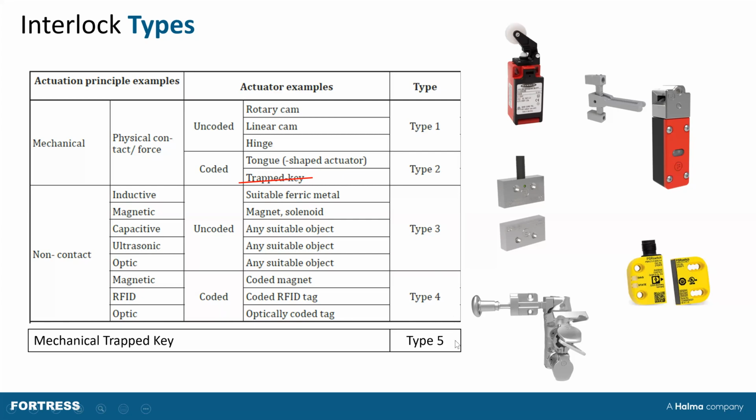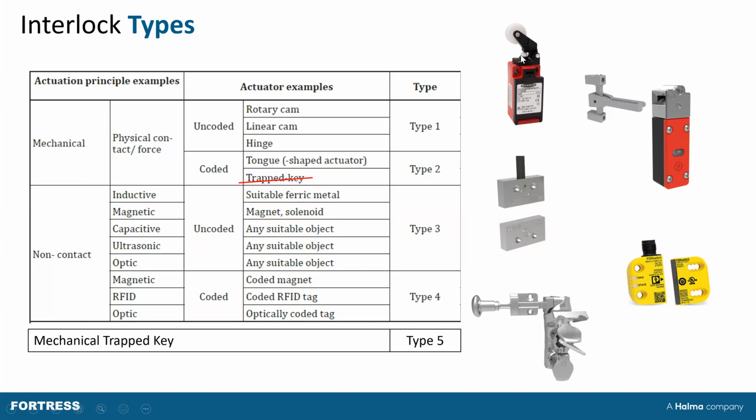If you look at the next version, which should be being released any minute now, that may take another year or two, but it is in development, they're going to move mechanical trapped key out. It's currently in type 2, which doesn't make any sense. So it's going to be its own type, which is why I've written it down there at the bottom.